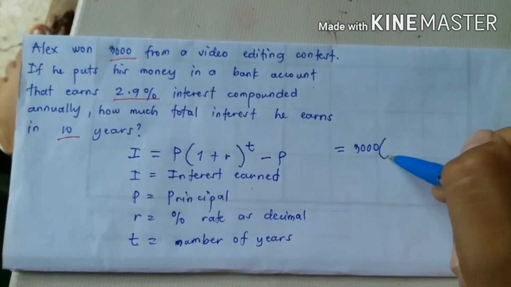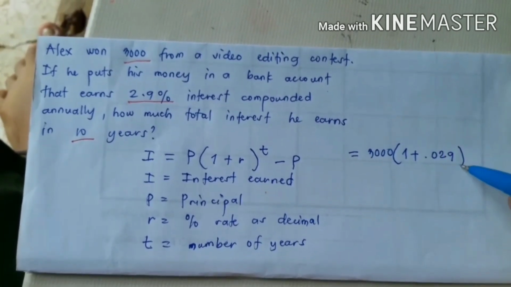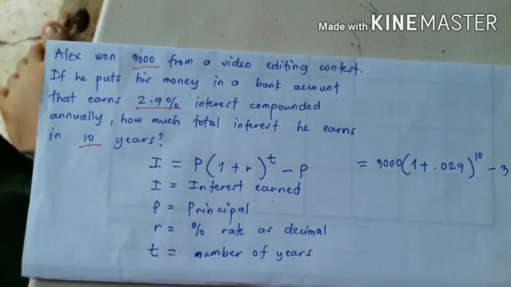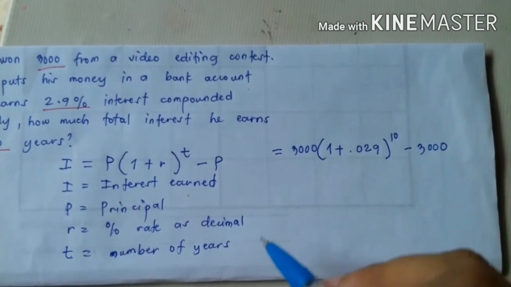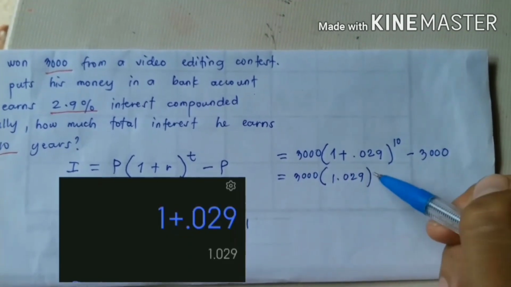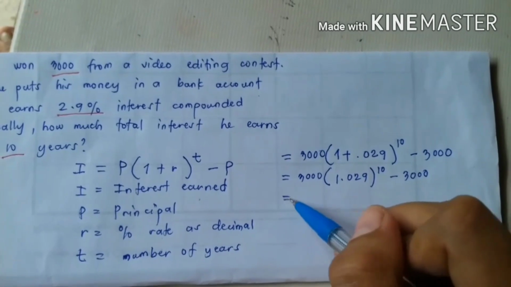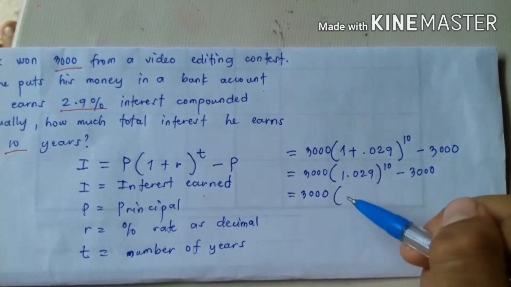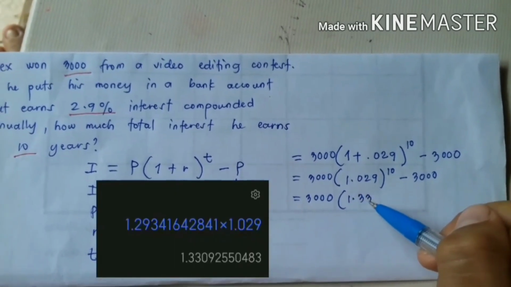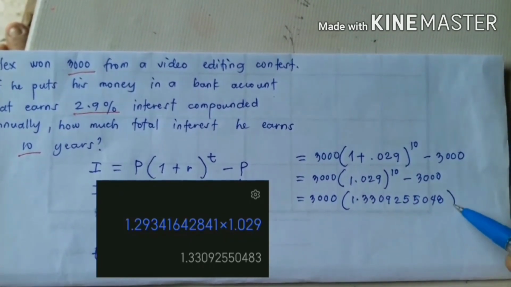Substitute 3,000 times (1 plus 0.029) raised to the power of 10, minus 3,000. 1 plus 0.029 is equal to 1.029. 1.029 raised to the power of 10 is equal to 1.3309255048.